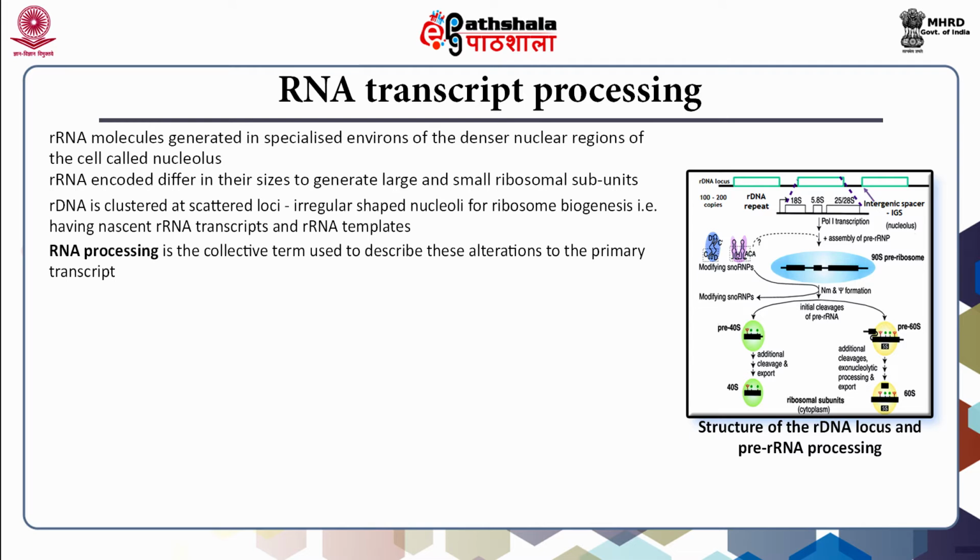rDNA is often clustered at scattered loci of the genome. For example, in humans, at the interphase stage of the cell, rDNA is clustered, forming irregularly shaped nuclear structures or nucleoli, playing a central role in ribosome biogenesis. The granular nucleolus, mostly composed of ribosomal subunits with fibrillar materials, is indicative of RNA templates and nascent rRNA transcripts.